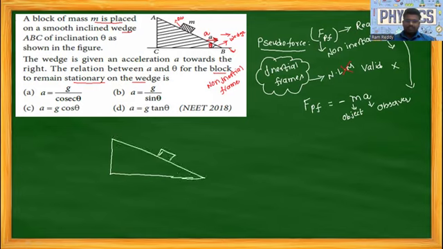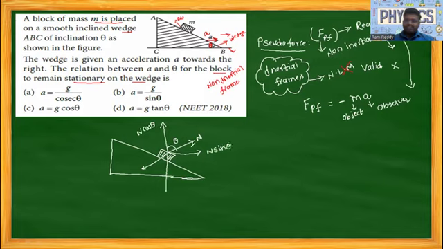So like this, here we have our block and here our normal force. The normal force is resolved into two components because it is inclined at some angle theta. So this is theta; this is n cos theta, and this is n sin theta.